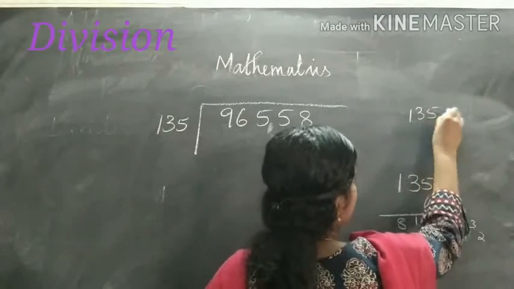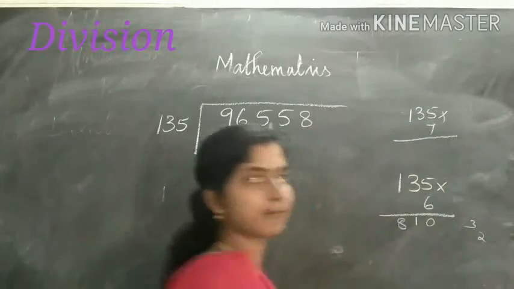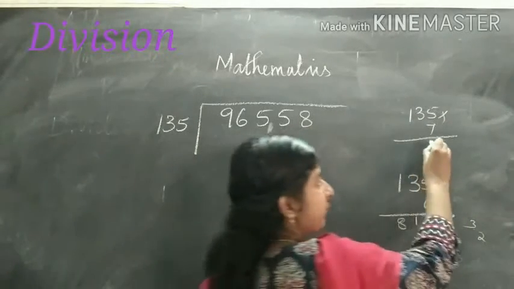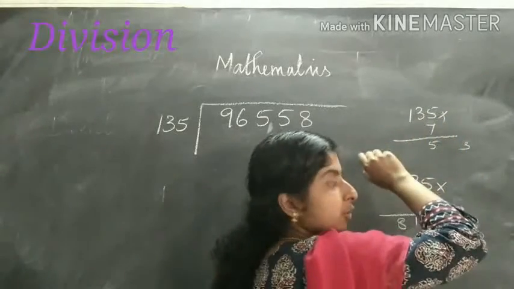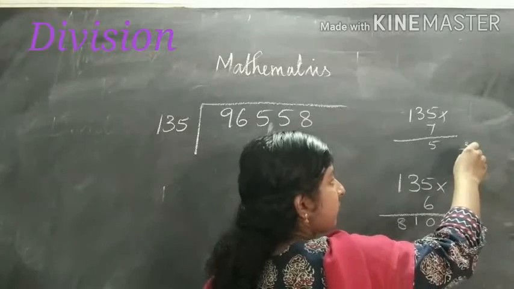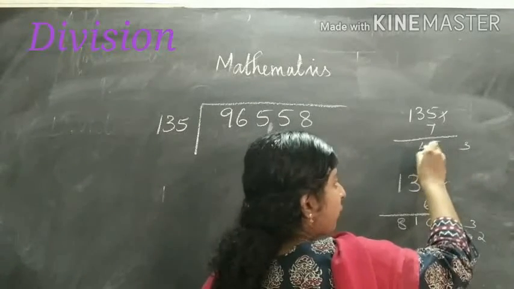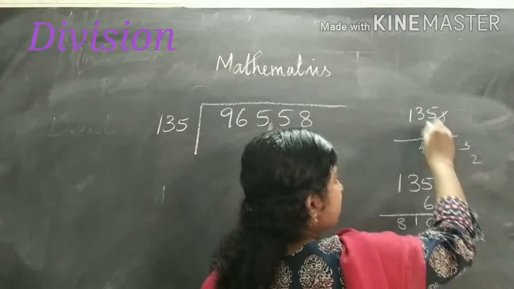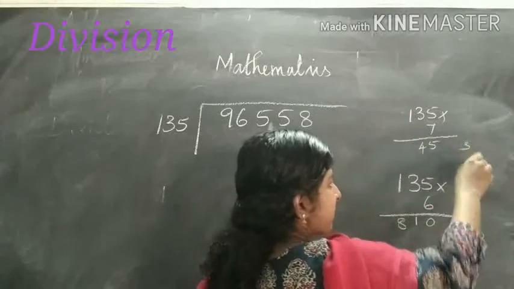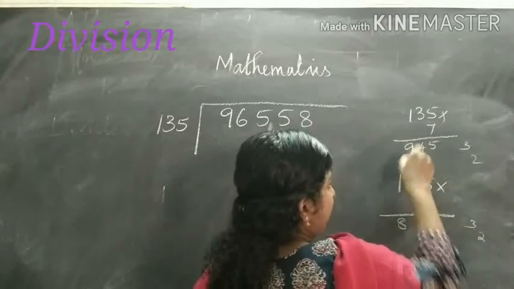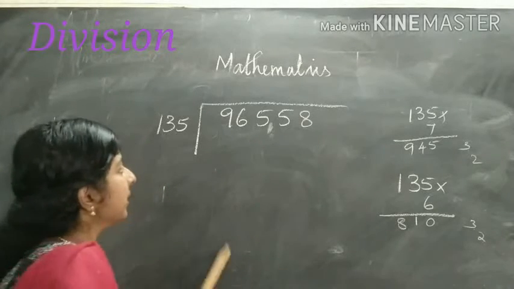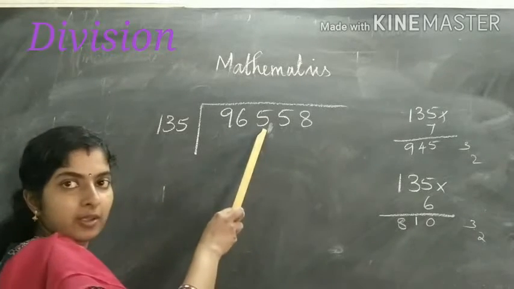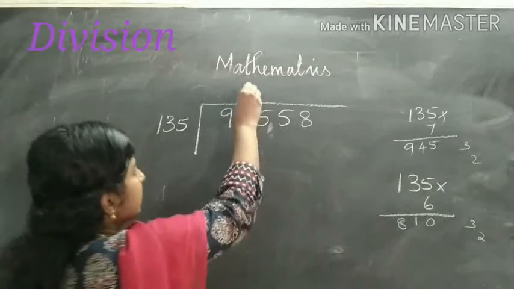That is 135 into 7. 7 5s are 35, 5, 3 balance. 7 3s are 21, 21 plus 3, 24, 4, 2 balance. 7 1s are 7, 7 plus 2, 9. 945. Here 965. So we take 7 times.